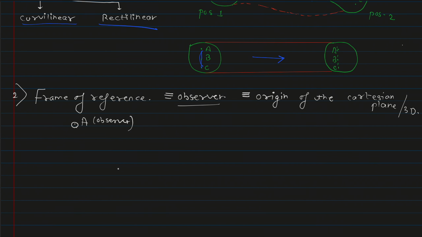When I say a car is moving, sorry for the bad drawing, when I say a car is moving at a speed of 10 meters per second, this is meaningless.